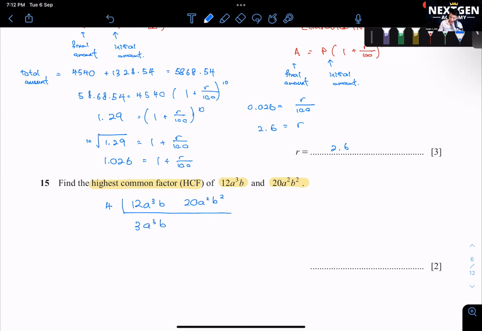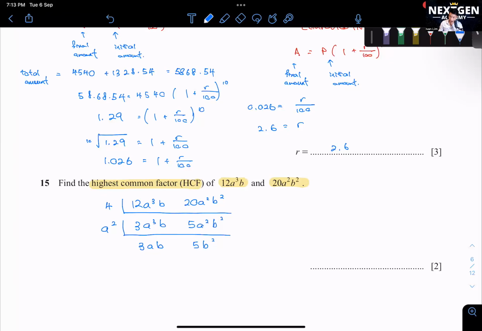Here I have 5a squared b squared. I do one step at a time. You all can actually do it immediately also. So 3 and 5 cannot factorize, right? So let's look at a cubed and a squared. So here will be a squared. I'm still left with 3ab and 5b squared.